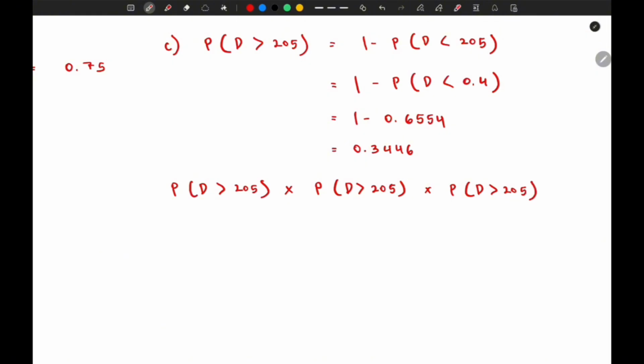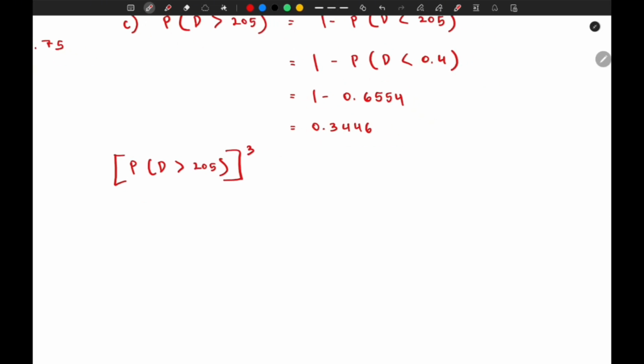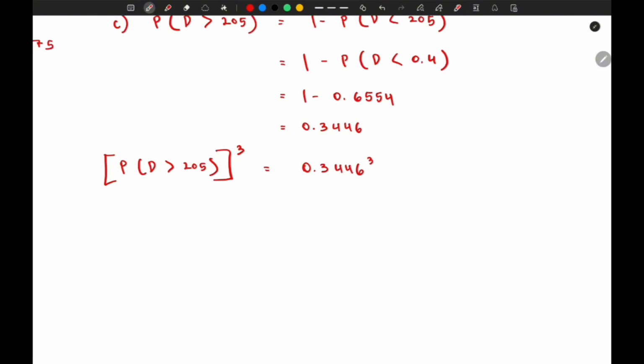So basically you can write this as the probability of D greater than 205, whole cubed. So we can replace this with 0.3446 whole cubed. So the answer will be 0.04. So that is it for this part.